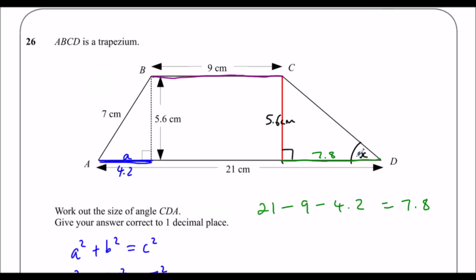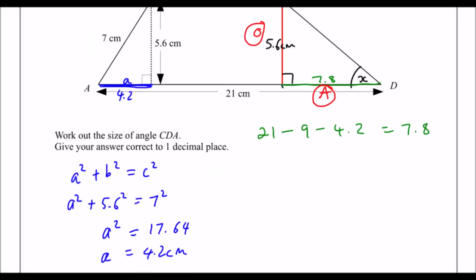So now we have another right angle triangle, and this time we can use SOHCAHTOA. So we've got the opposite and the adjacent. The side between the right angle and the angle is called the adjacent. We're not using the hypotenuse, so we're not using SOH or CAH. They've got the hypotenuse in them. We're using TOA, the one with the opposite and the adjacent.